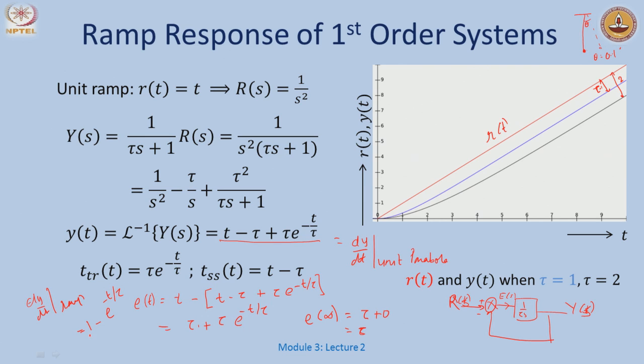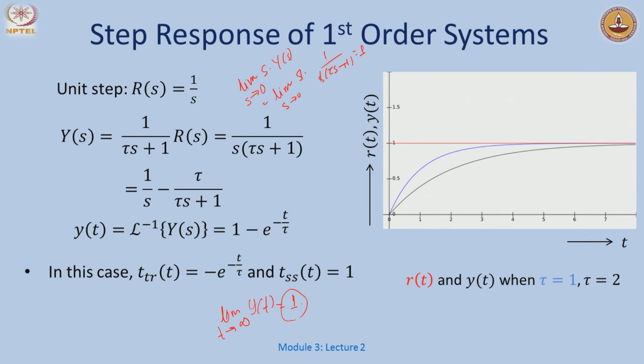Just see how this looks like, 1 minus e power minus t over tau. We'll go back to the slides and, oh, this is the same, right, this one. And I can keep doing this, right.